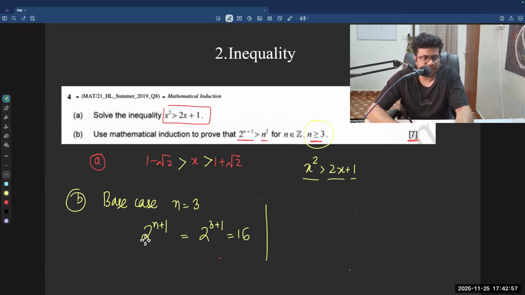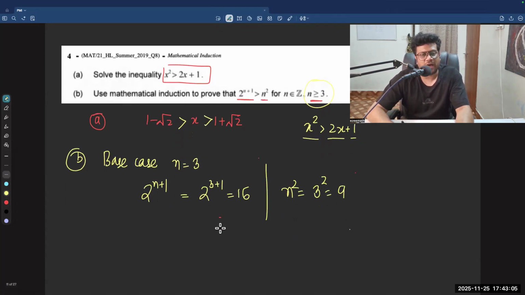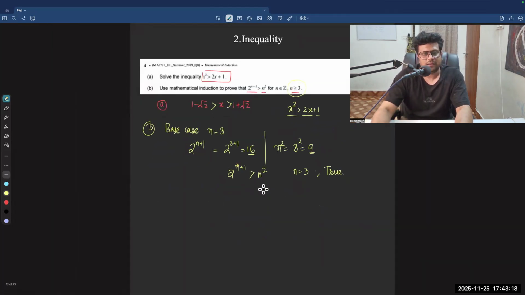That is, the 2 to the power of n plus 1 part comes out to be 16 when n is 3. And let's look at n square. That's 3 square and it's 9. And of course, 2 to the power of n plus 1 is greater than n square. 16 is greater than 9 when n is 3. So it's true for the base case. That is your part 1, step number 1.